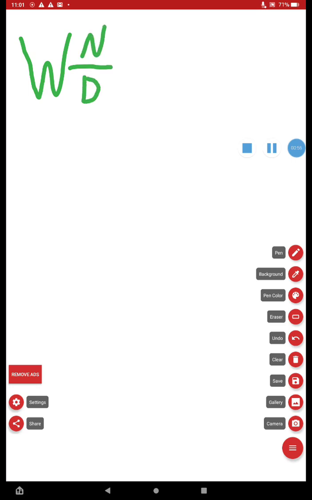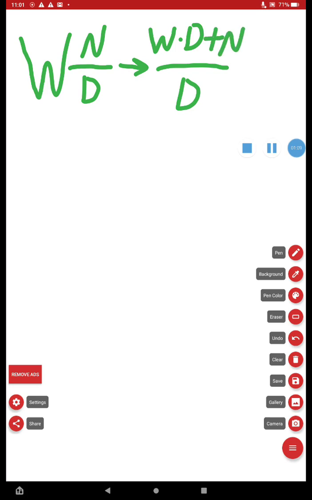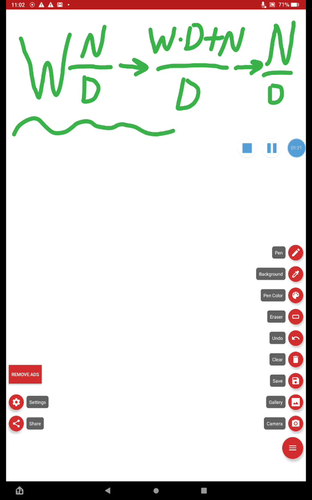In order to change that into an improper fraction, I have to leave my denominator the same, but I take my whole number times my denominator and I add it to the numerator, and that's what gets me the improper fraction of a larger numerator than my denominator. Okay? So I'm trying to make the numerator a little bit bigger there. Let's leave this at the top. We're going to leave this through all of our examples today.